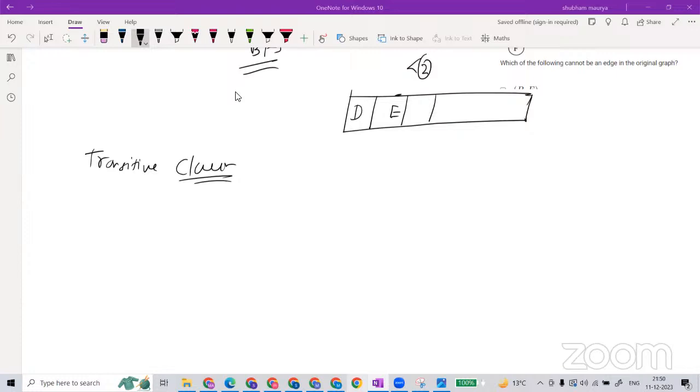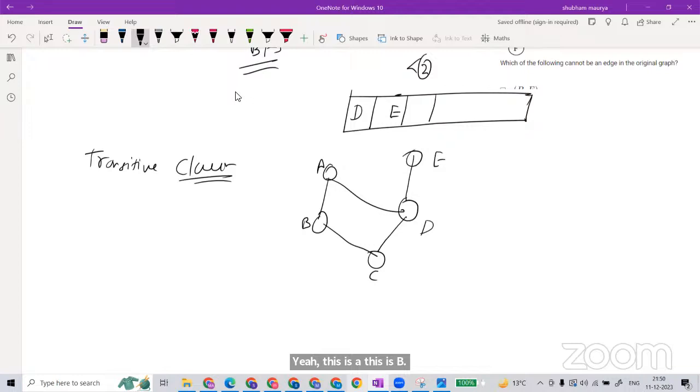Suppose I am making a graph: this is A, this is B, C, E, F. So what is the transitive closure of this graph? It's like a matrix. We will write it in matrix form, from A to A. If there is a path we will write 1, if not, then we will write 0.